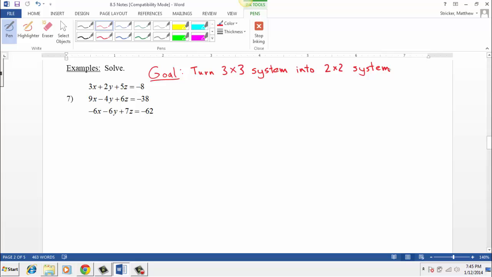And it's a pretty lengthy process, so let's go ahead and start here with step 1. Step 1 is that we want to eliminate the same variable from 2 different pairs of equations.